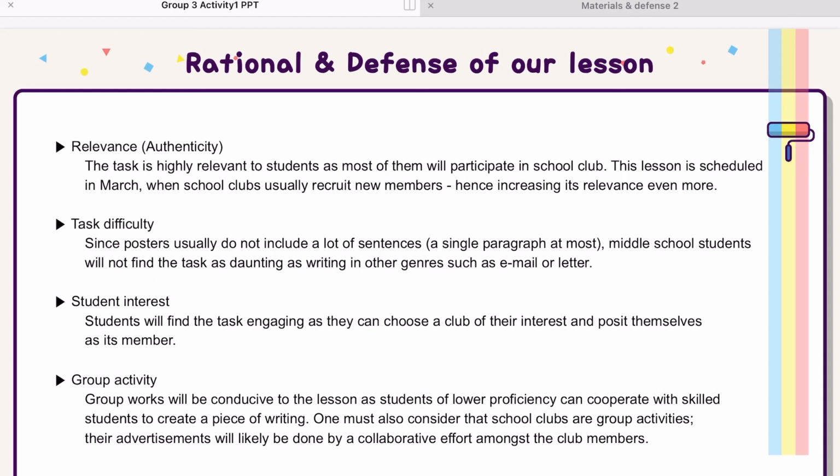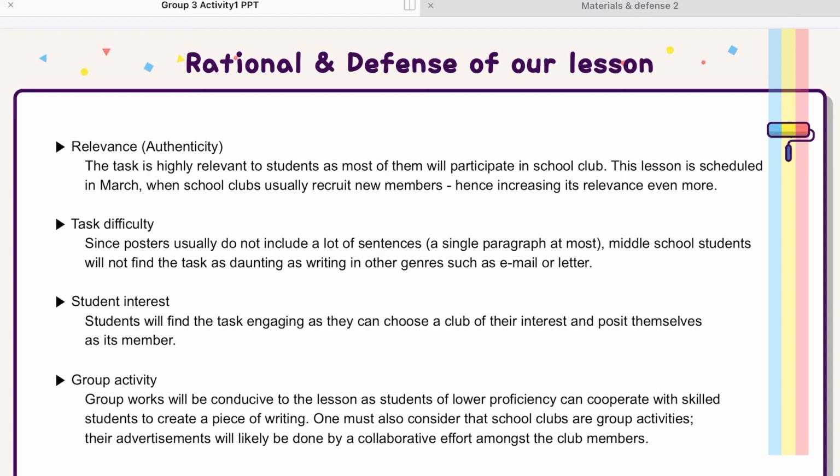Therefore, this will increase its relevance even more, we thought. Number two, task difficulty. Since posters usually do not include a lot of sentences, as we mentioned during the first session, middle school students who are the target students of this course will not find the task that difficult.